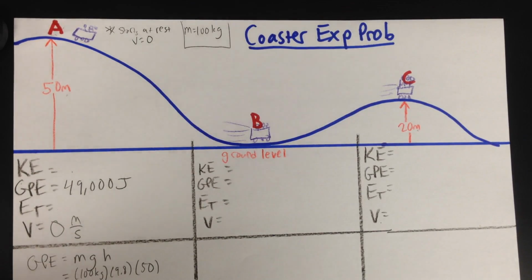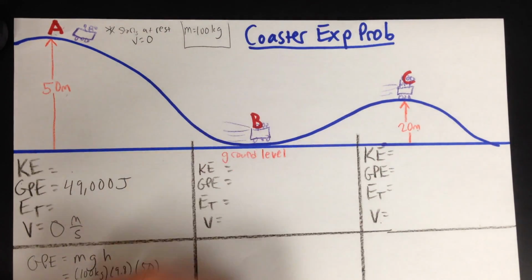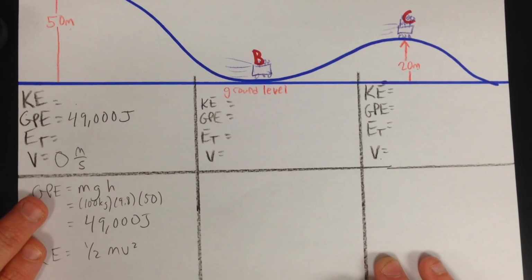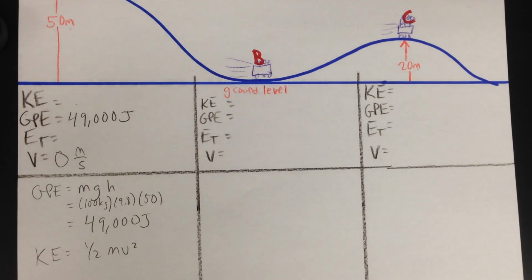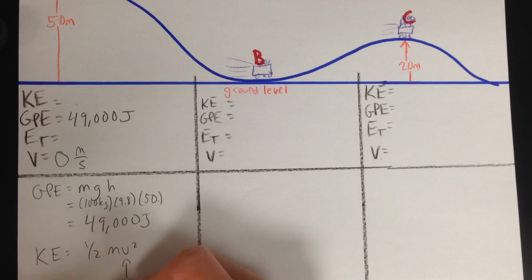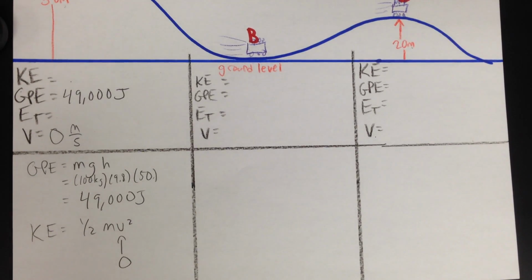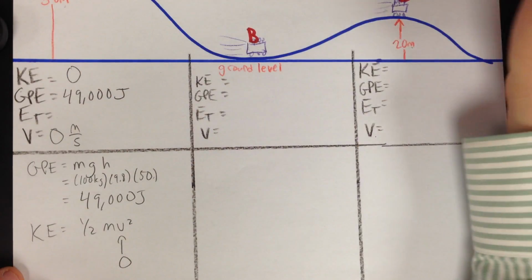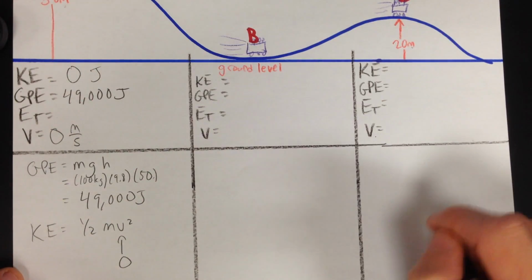Capital J. All right, so if it starts at rest and there's no velocity, we could use the KE formula if we want. But if you look at that, there's your KE calculation. If you plug in a velocity of 0 right there, then there's going to be no kinetic energy. So you could pretty much plug in a 0 for kinetic energy when there's no velocity.